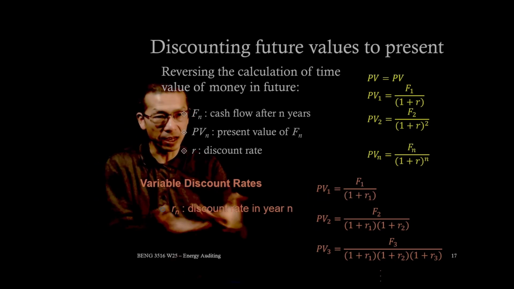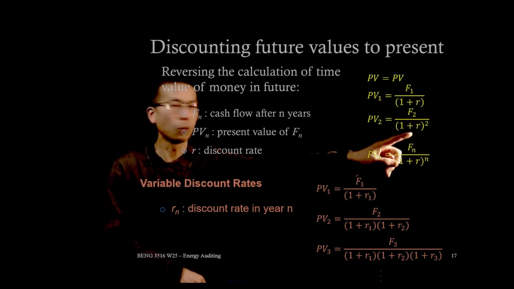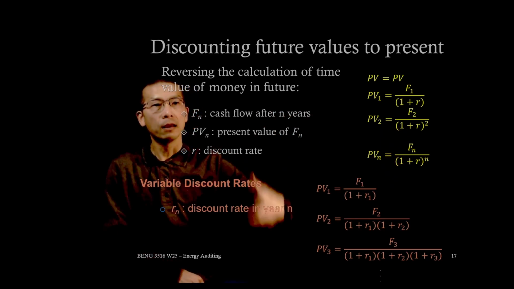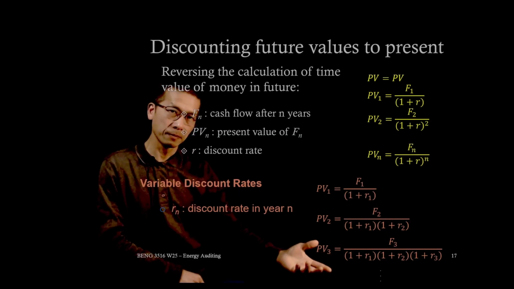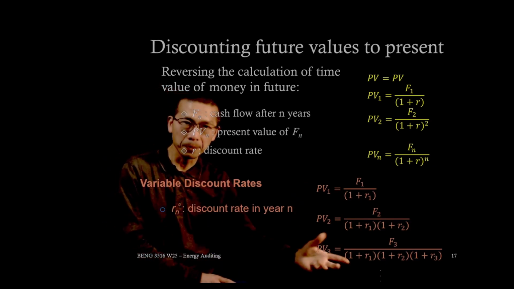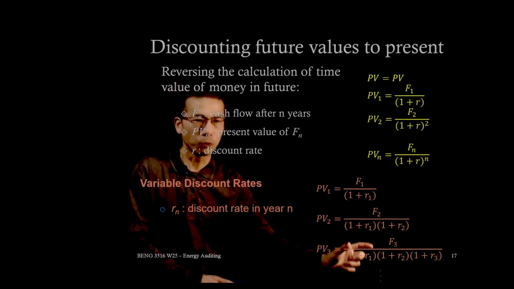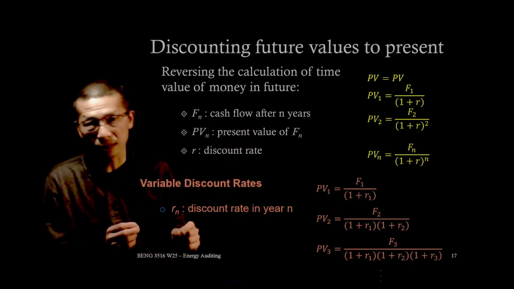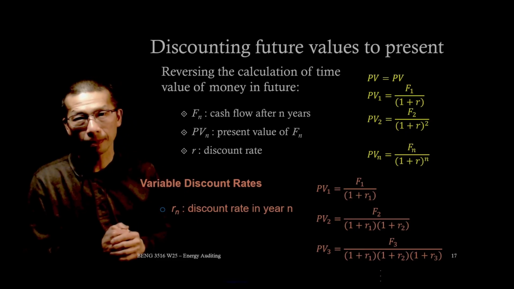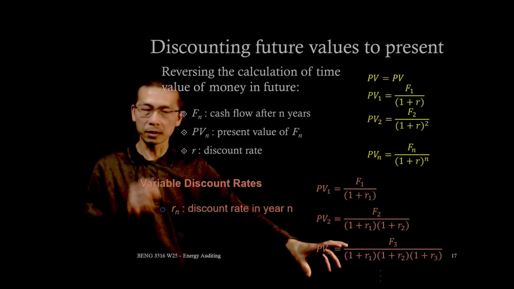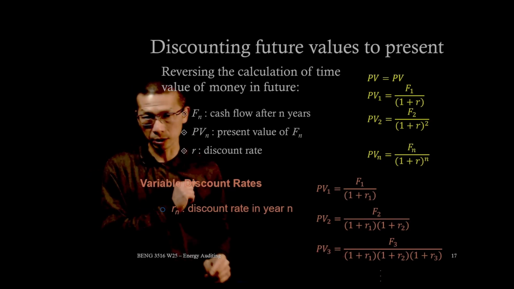And of course, if they are the same, it becomes this expression there. For the third year, you should be able to see the pattern now, right? You have one extra term, 1 plus R3, that's the rate for year number 3. So if every year the rates change, you have a slightly different expression.